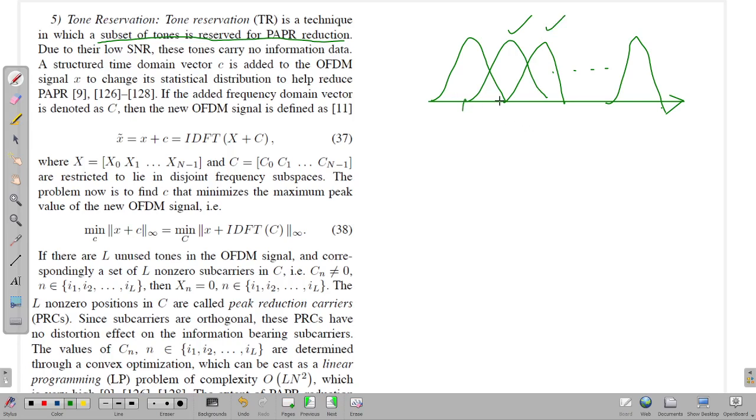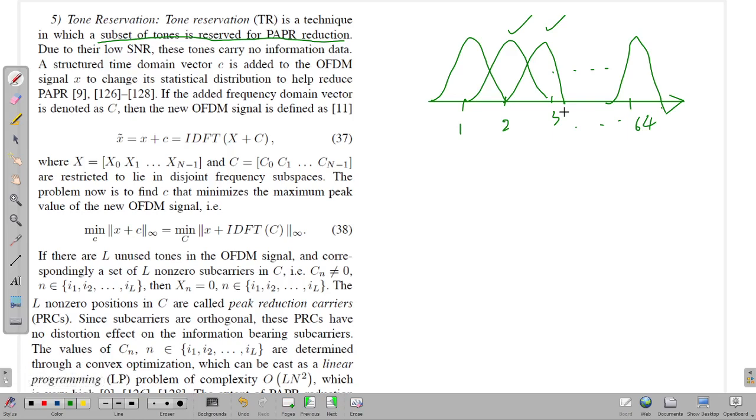If you have subcarrier numbers 1, 2, 3, up to maybe 64, some subcarriers will be reserved for PAPR reduction. They don't carry any information, because if you adjust the value of subcarriers, we are able to control the value of PAPR.